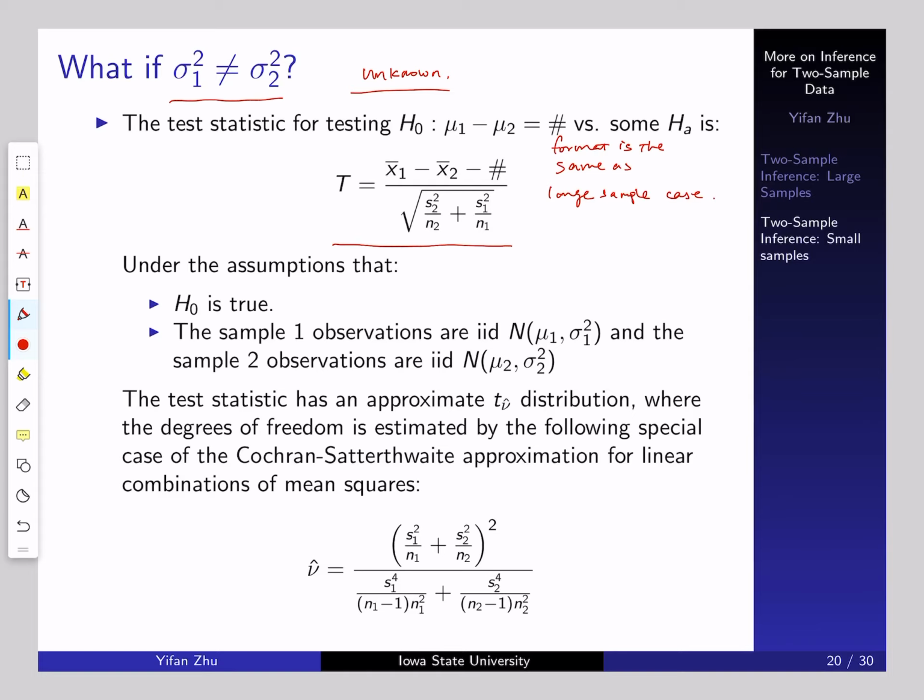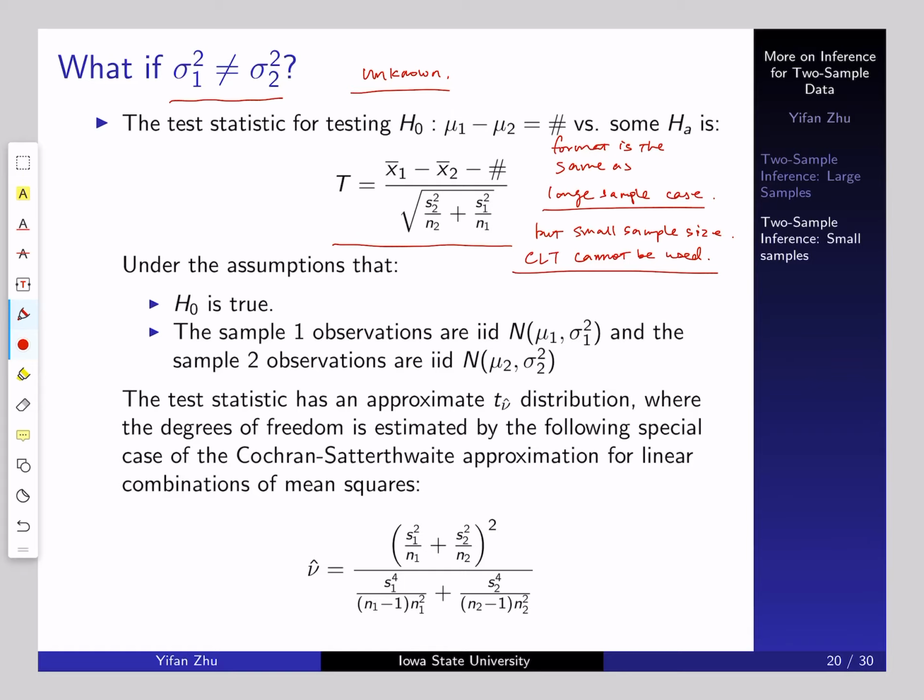but because we have a small sample size, we cannot use the central limit theorem to get a normal distribution.